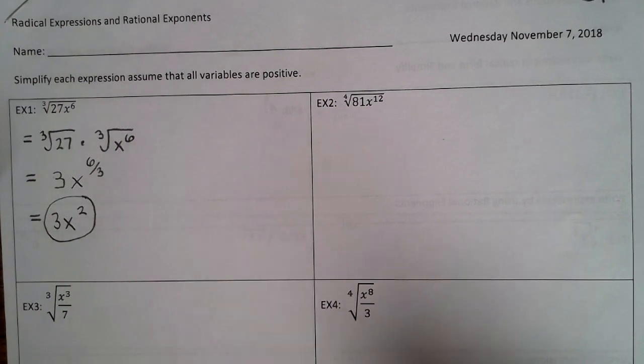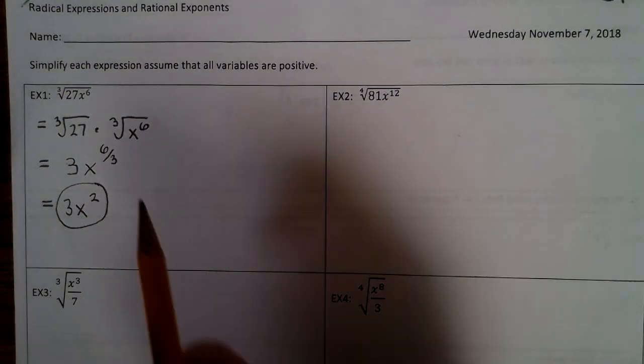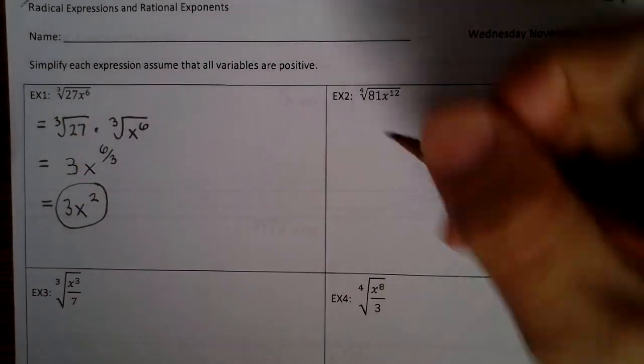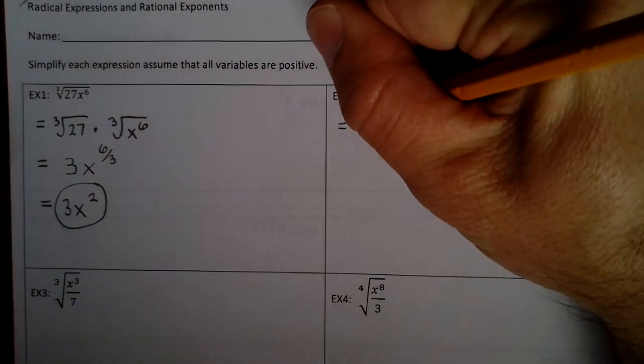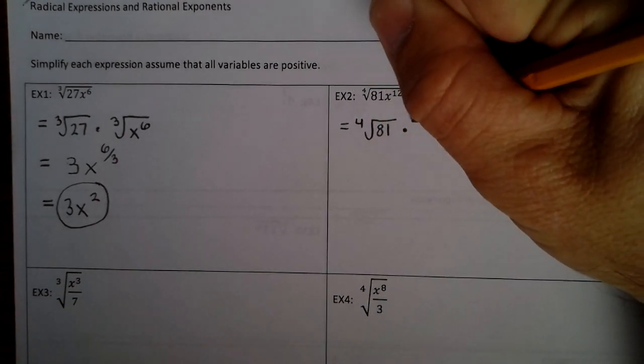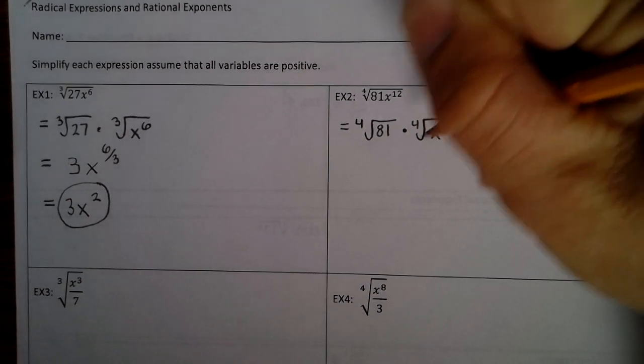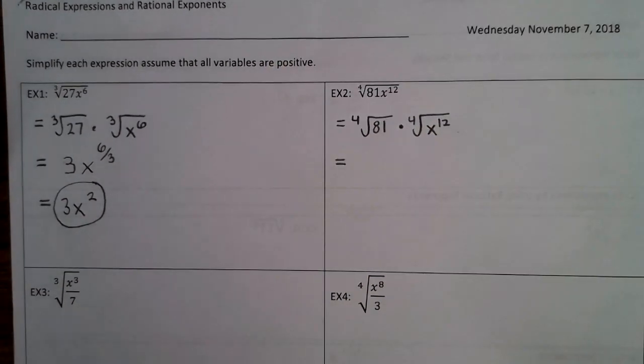All right, let's take a look at example 2. Example 2 is identical to example 1. So that would be the 4th root of 81 times the 4th root of x to the 12th. The 4th root of 81 is 3.